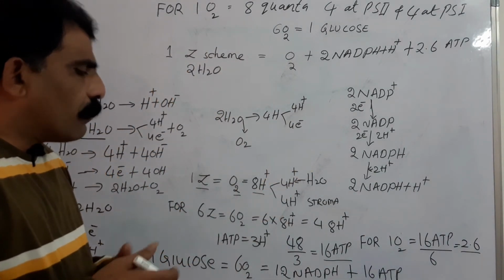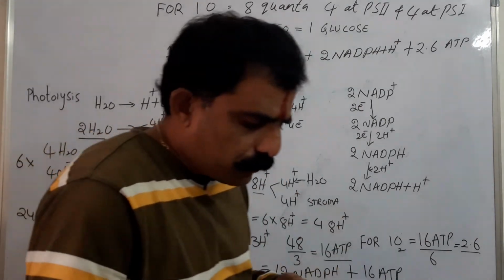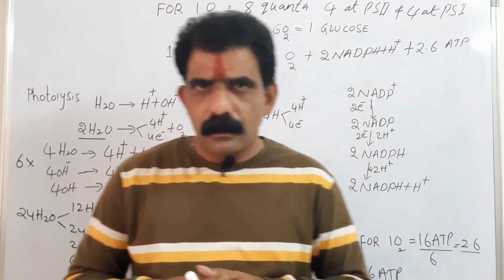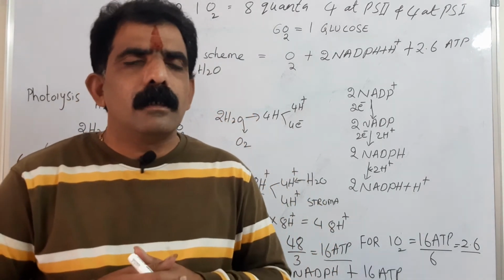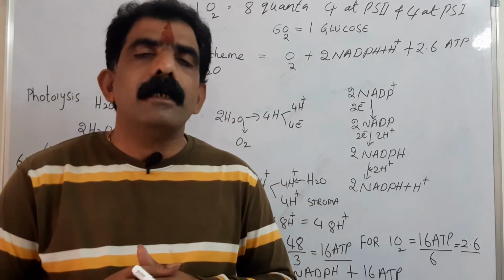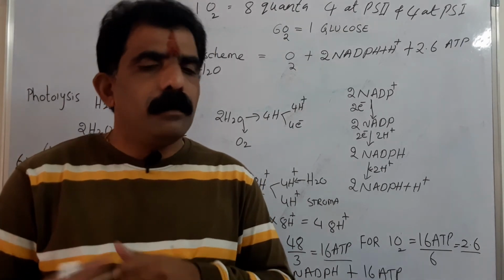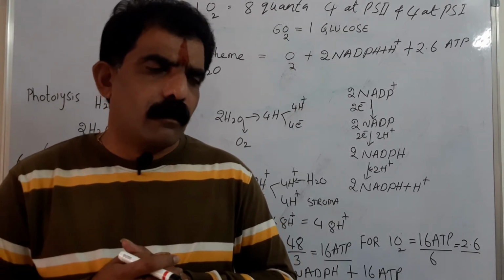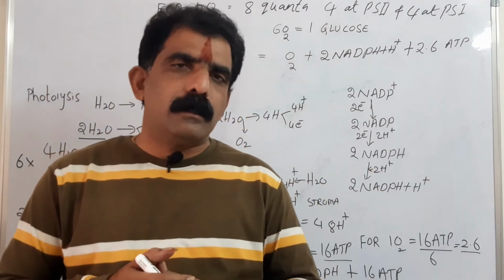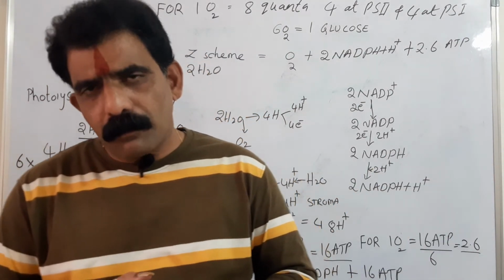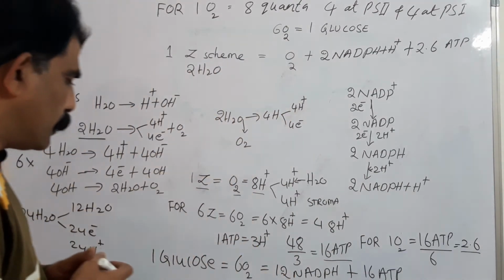This means the photolysis of water results in the formation of electrons and protons. Both the electrons and protons are finally transferred to NADP, for the reduction of NADP into NADPH2. Protons play a dual role. One is the formation of ATPs through chemiosmosis, and the other is the reduction of NADP into NADPH.